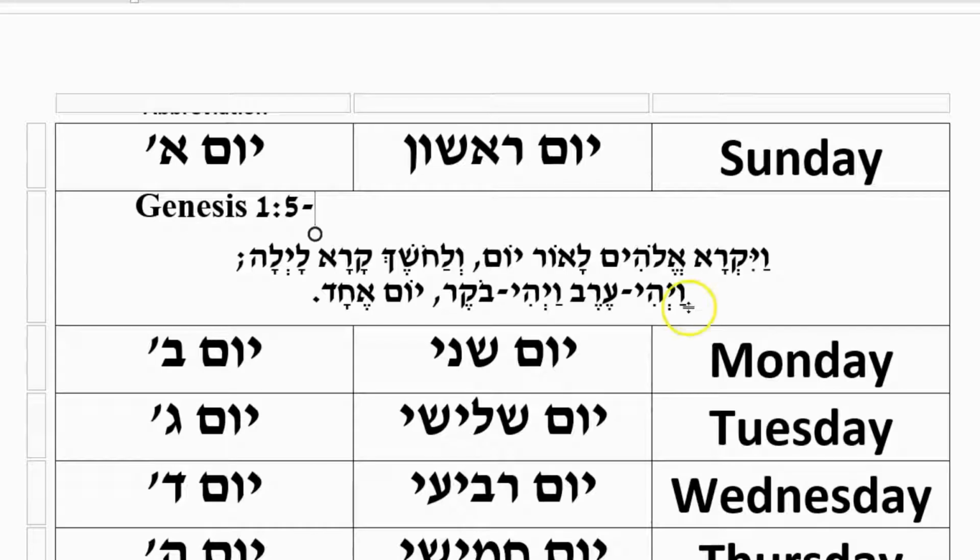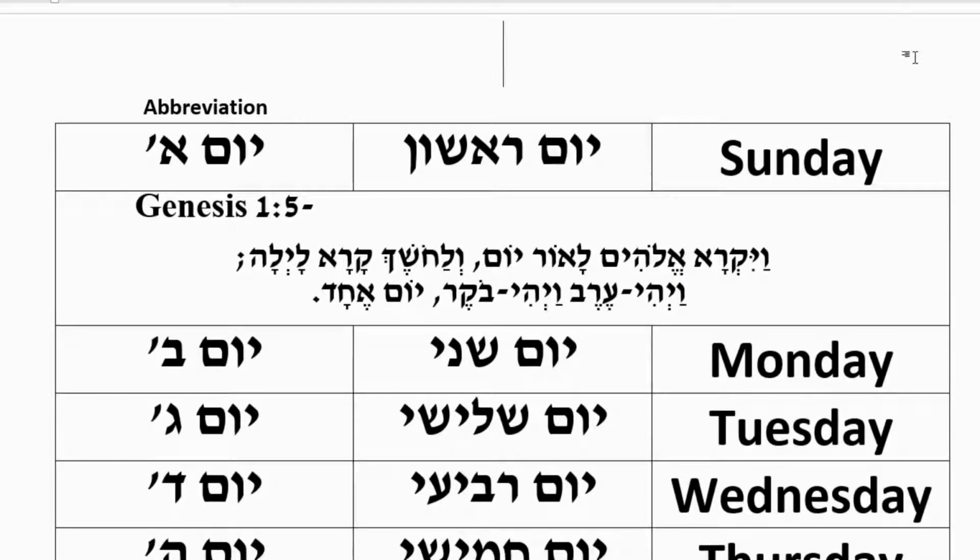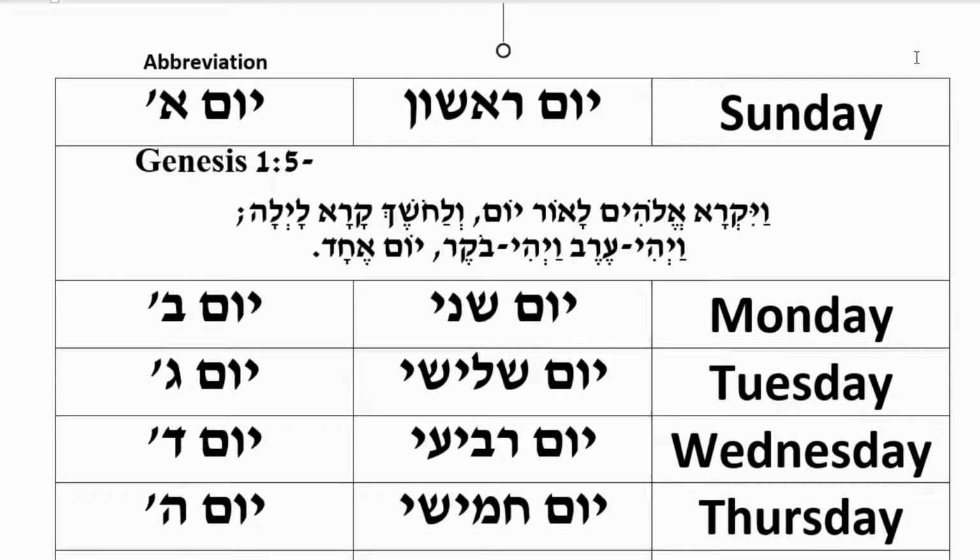As I mentioned in the previous lesson, the days of the week are just built off the ordinal numbers. So these numbers should be familiar to you from the previous lesson. I have chosen not to include the nukudot in this lesson. It is incumbent on you to try to take what you know and go forward with it.